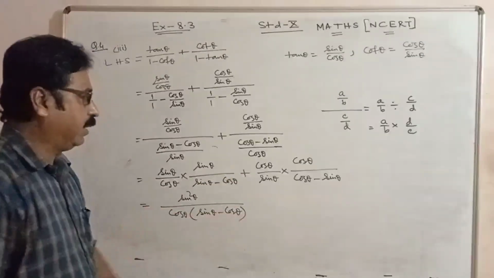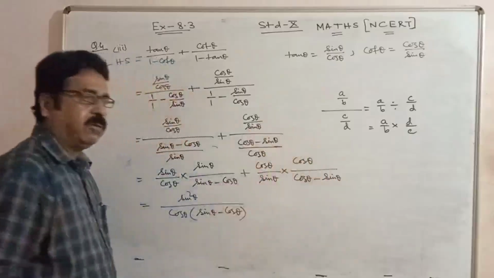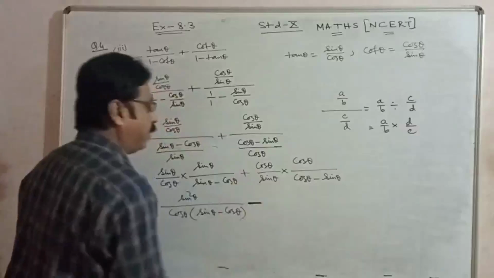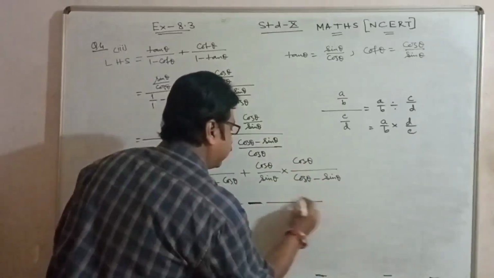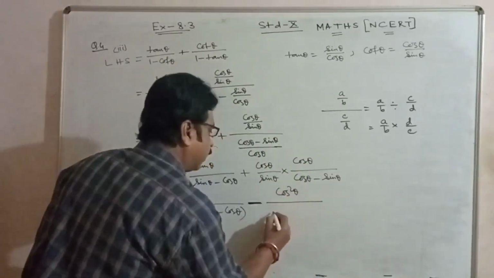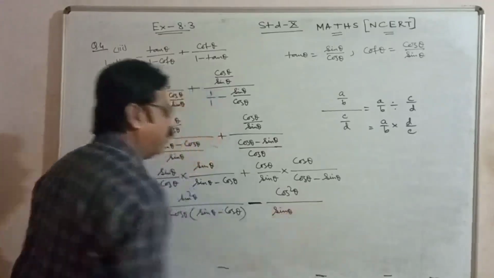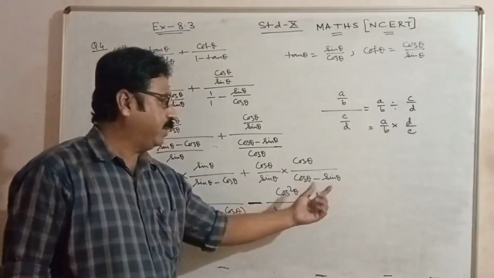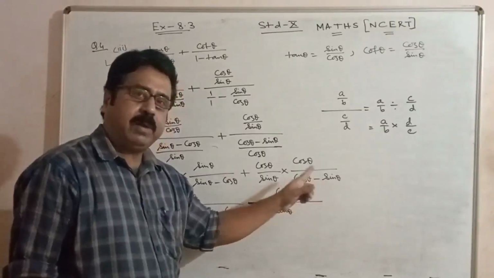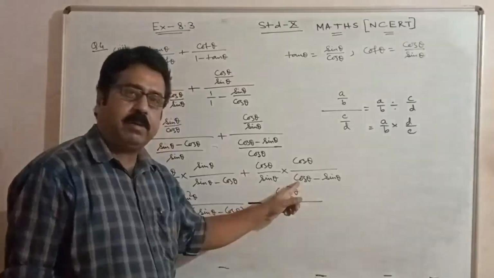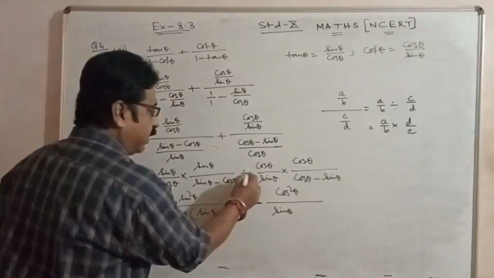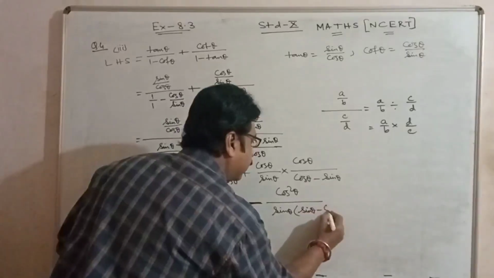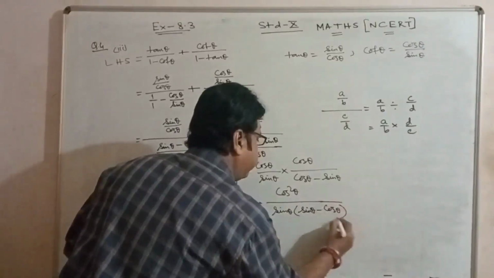If we make it a minus sign, then cos theta minus sin theta will become sin theta minus cos theta. Cos theta into cos theta is cos square theta. We have taken minus 1 common from this expression. Minus 1 common means minus sin theta will become plus sin theta, and plus cos theta will become minus cos theta. We have changed the sign. So it will be sin theta minus cos theta.